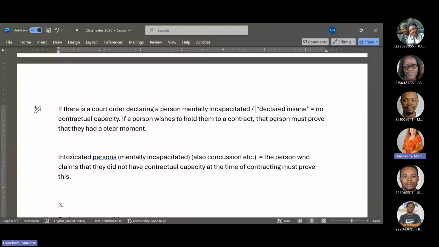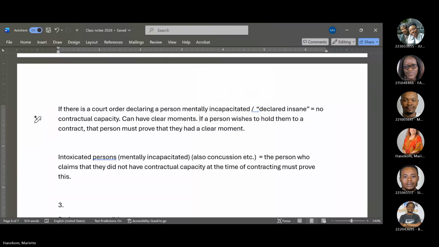But anyway, if there is a court order declaring you mentally incapacitated, even people who have been declared mentally incapacitated can have what we refer to as clear moments, where they actually do understand what they are doing.